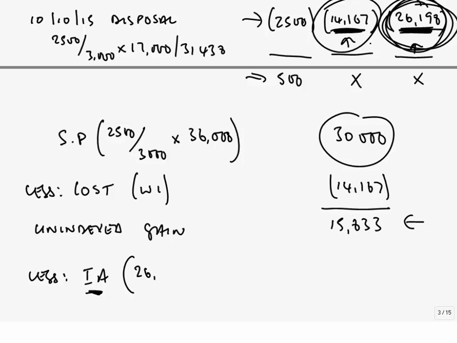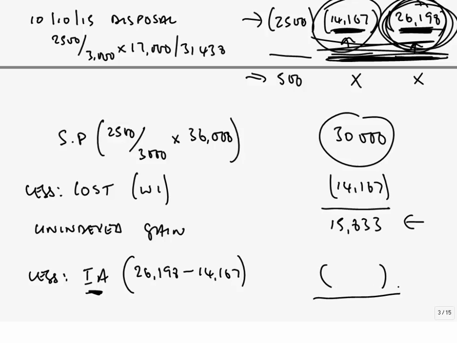So all you do, looking at the information up here from the disposal that you've taken, 26,198 was the index cost of the shares sold, 14,167 was the cost of the shares sold. So the difference between those two figures is now your indexation allowance to deduct in deriving the gain.